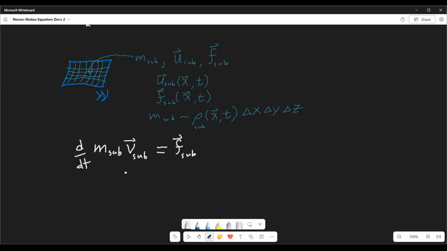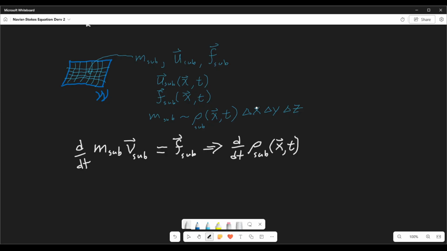So this would basically be changing with respect to time, this time the rho, which is the density at that location in space and time.